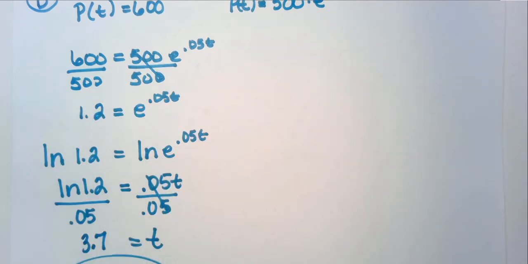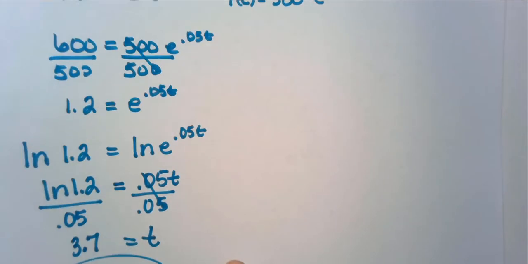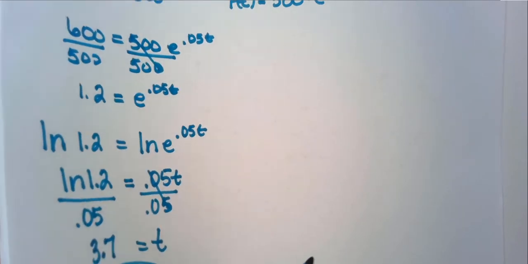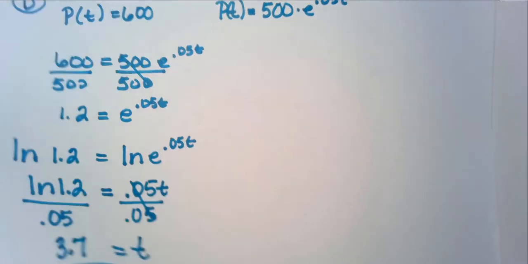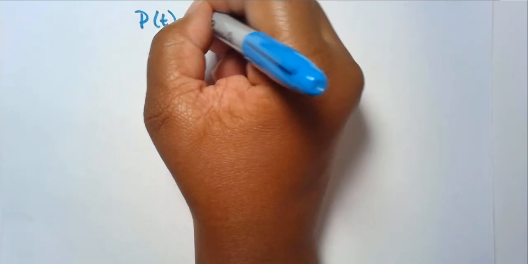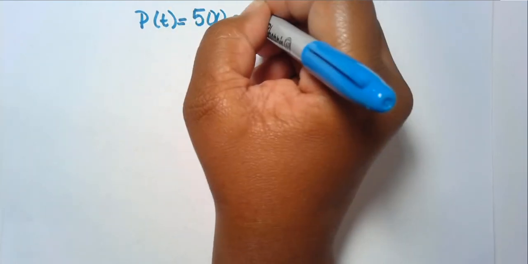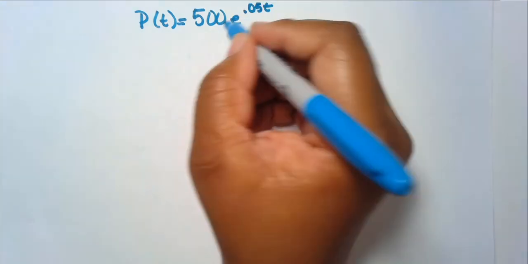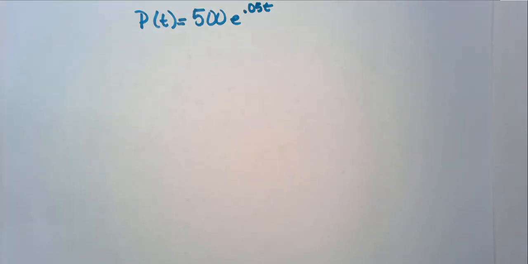Okay, and the last example, E, when will the insect population double? We already know that in our formula, P of T equals 500 e to the 0.05t. The 500 is our initial insect population. So it wants to know when it will double.